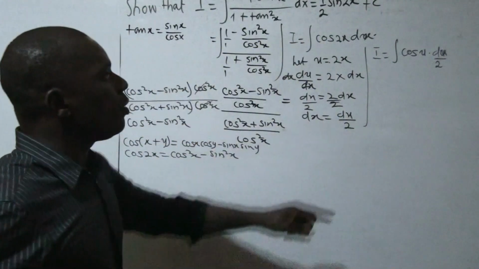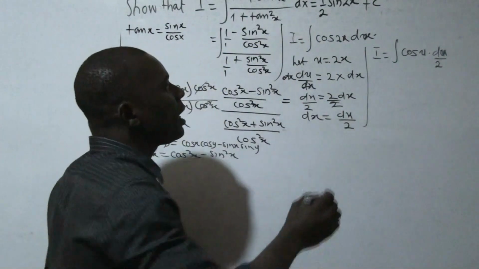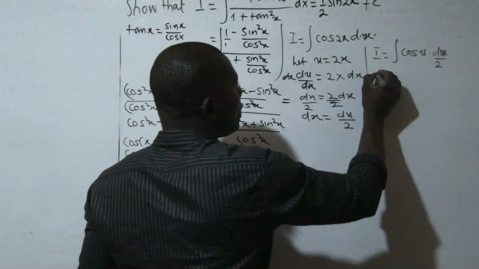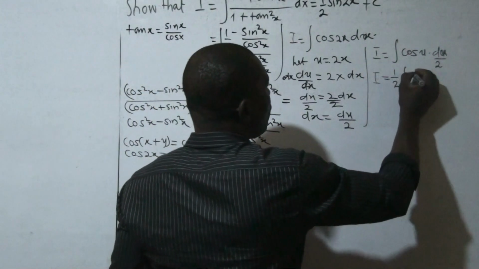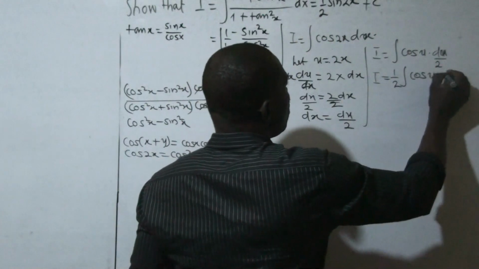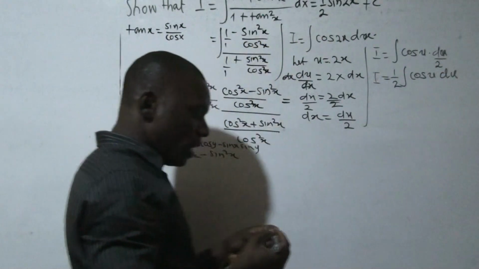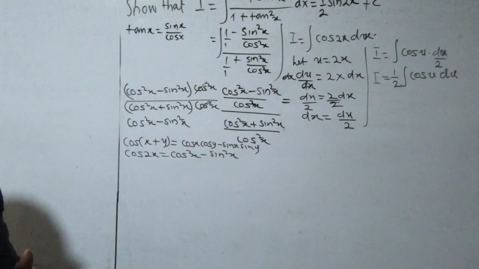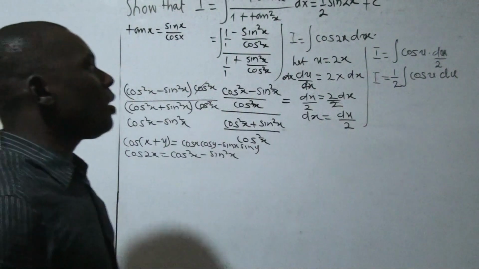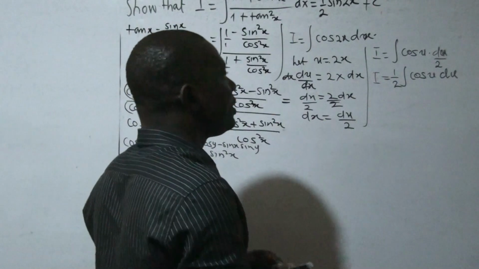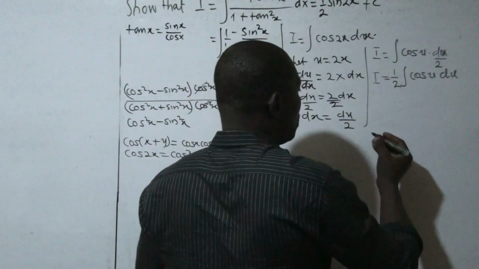Then we factor out this half, so this integral becomes 1 over 2 times the integral of cos u du. And it's very easy for us to find the integral of cos u du. If we integrate cos, our answer will eventually become sine u.